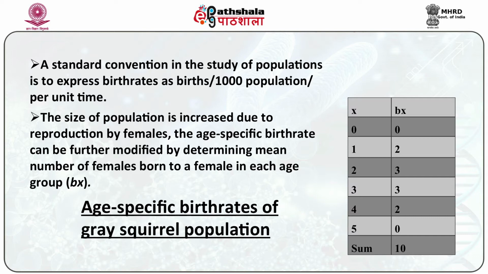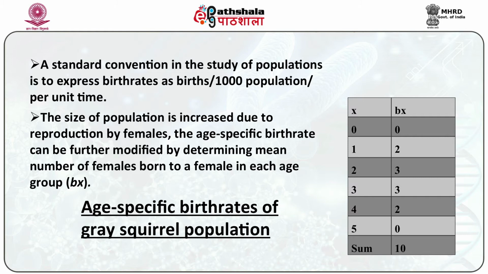Hence, birth rate can be expressed as the number of births per female of age x. As the size of population is increased due to reproduction by females, the age specific birth rate can be further modified by determining the mean number of females born to a female in each age group, that is Bx.